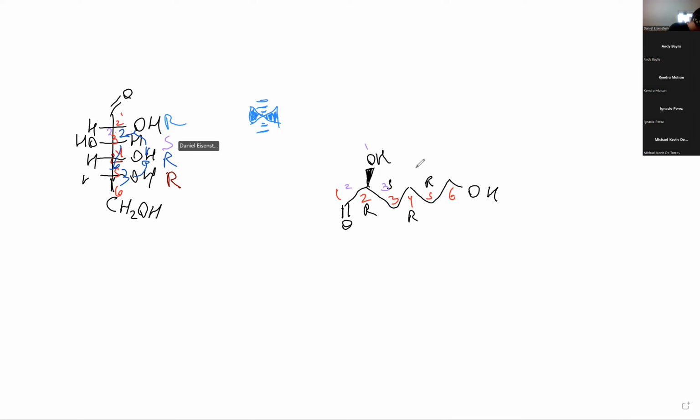I just had a question in chat. The third one is R because the OH is number 1. The carbon above it is 2. The carbon below it is 3. Okay, so it's going to be 1, 2, 3. Right, it is going to be S, and then I flip it to R, right, because the H is in front.